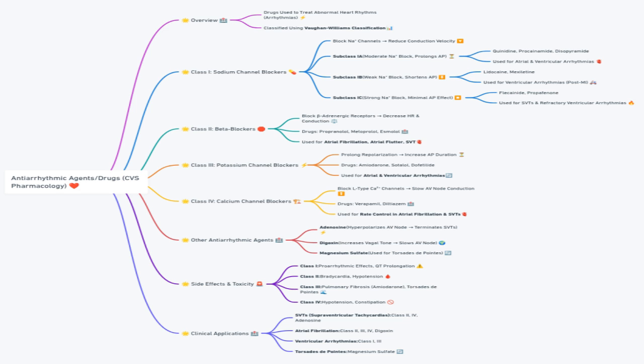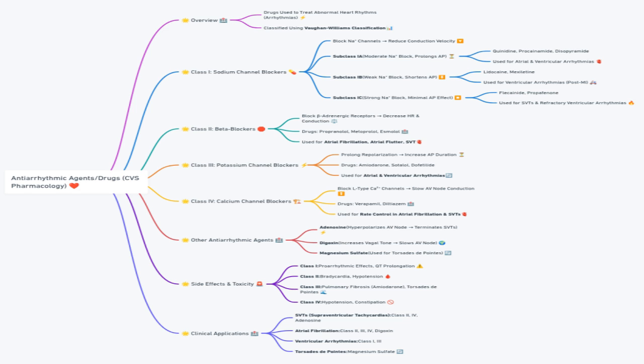With class 2 action, the action is sympatholytic, like I said, beta blockers. They reduce the beta adrenergic activity of the heart. Class 3 action manifests as a prolongation of the action potential duration, and most drugs with this action block the rapid component of the delayed rectifier potassium current, and that's the IKr.